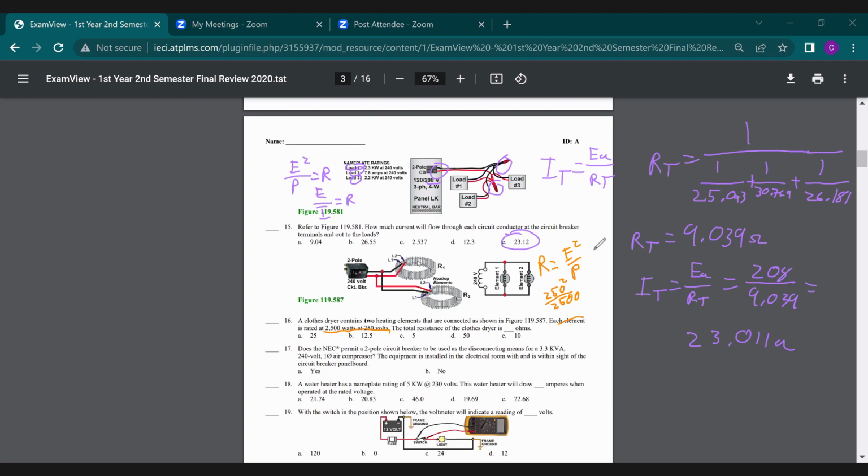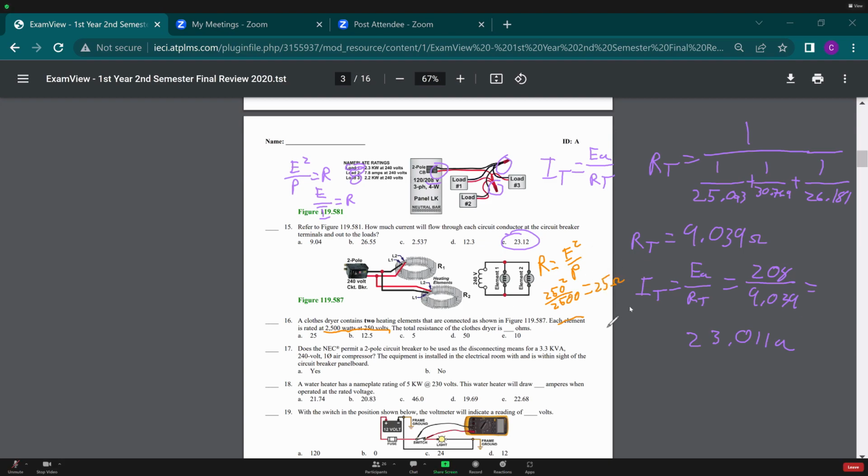All right, I got a resistance of 25 ohms for a single element.